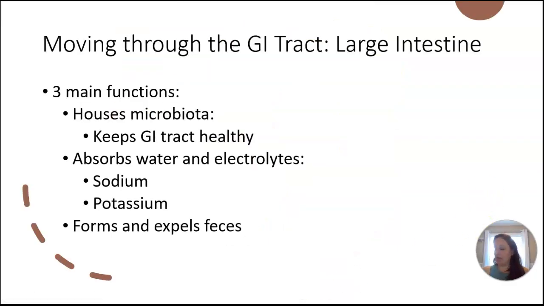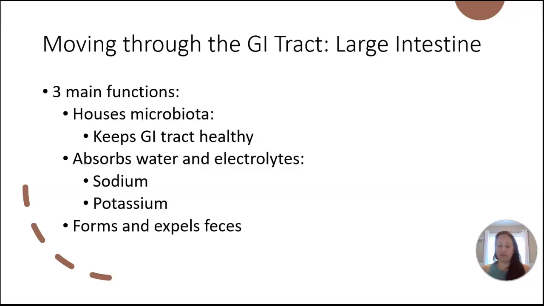Okay, what's the job of the large intestine? It's not involved in much absorption. Some things are absorbed, but it's not involved in digestion at all. So what happens here? Some water and electrolytes like sodium and potassium do get absorbed here. The large intestine contains what's called the microbiota.